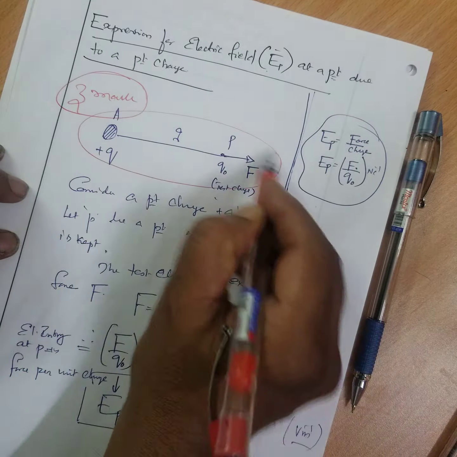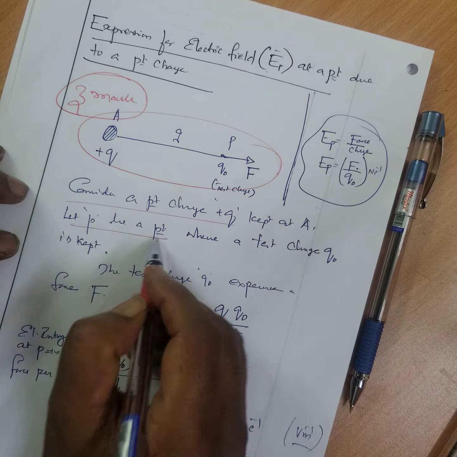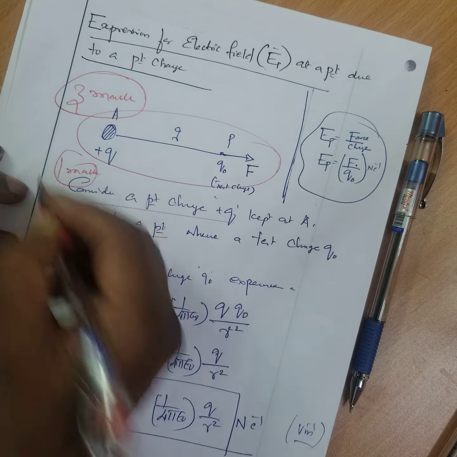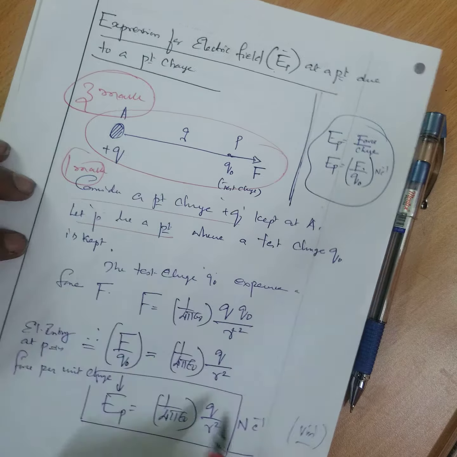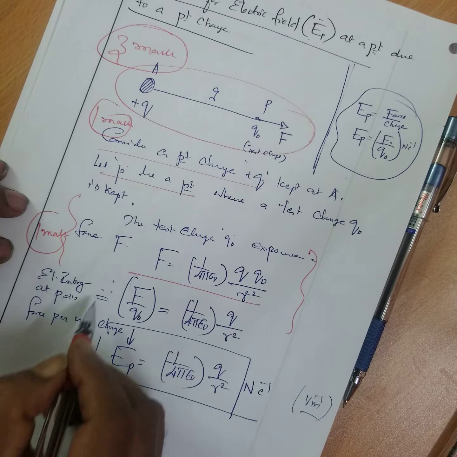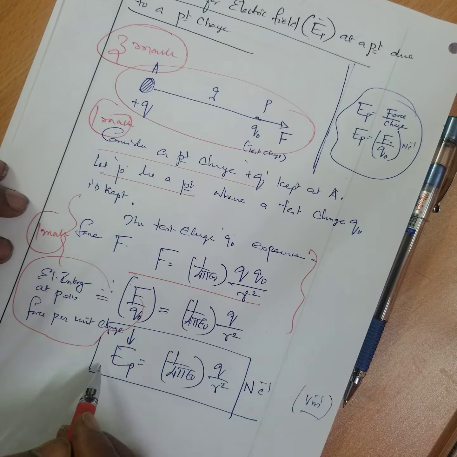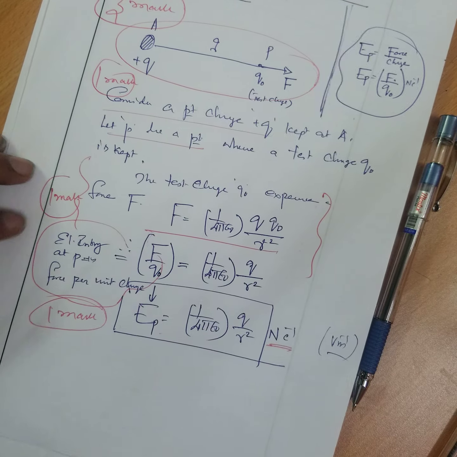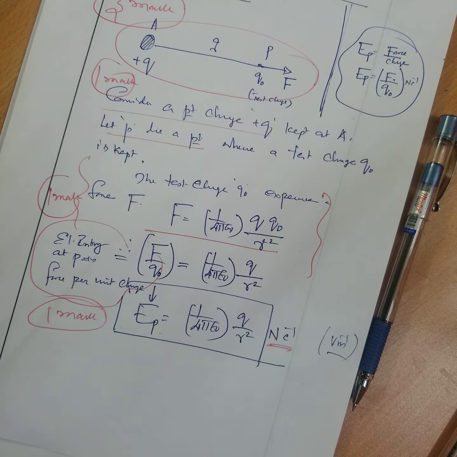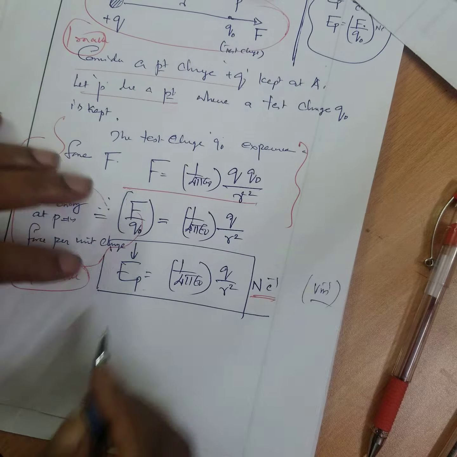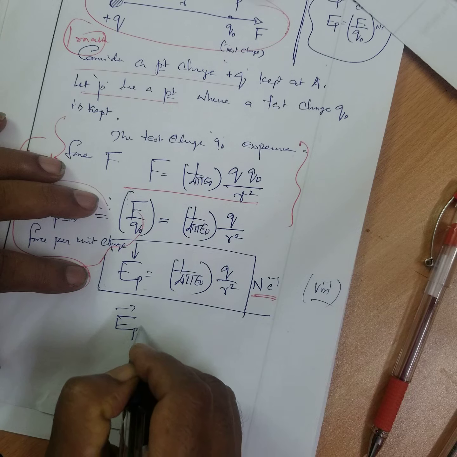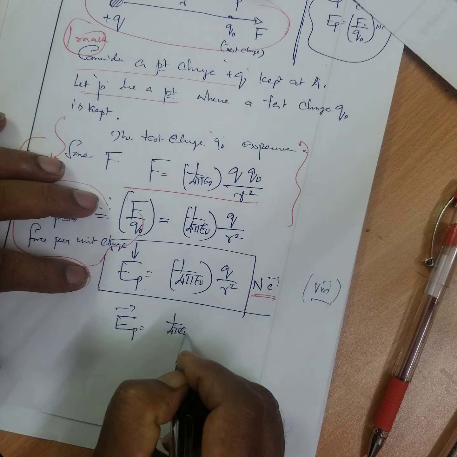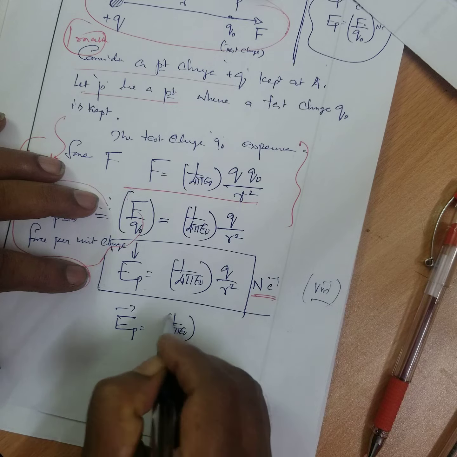Writing the diagram and description 1 mark, and writing this expression up to this 1 mark. Then the definition of electric field with the unit 1 mark. Okay. See, if they are asking in vector form, 1 by 4 pi epsilon naught Q by R square R cap.